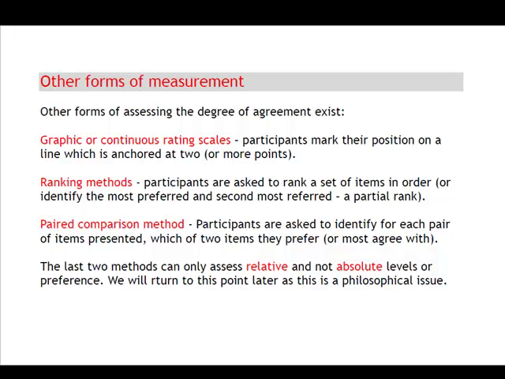That can be an alternative way of measuring attitudes, but it's a relative attitude. You're asked to choose which is the strongest, or which is the one you most agree with. There's no absolute measure of the attitude. It simply ranks the questionnaire items.